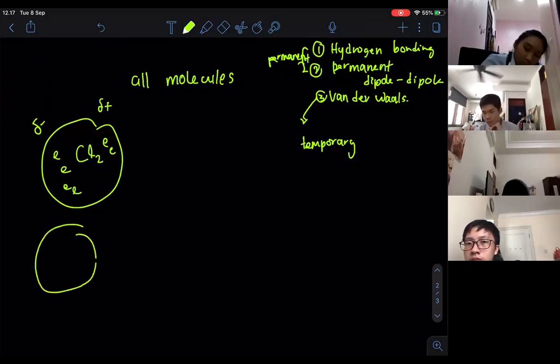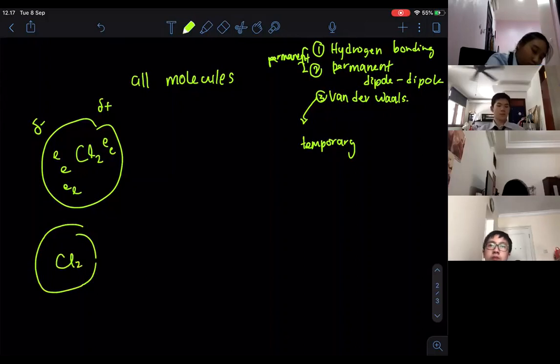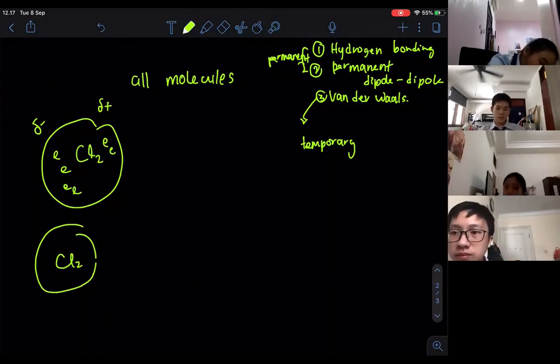Imagine there is another Cl2. Electrons are negatively charged, so those electrons will push all the electrons in this particular molecule, because negative and negative repel.